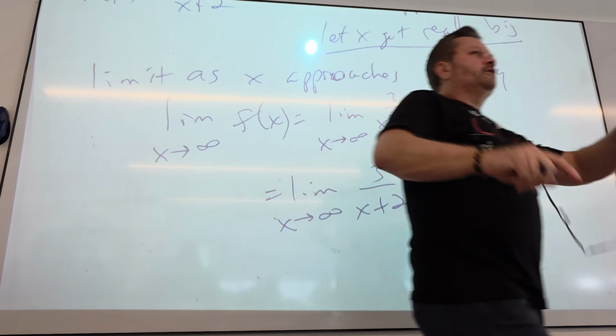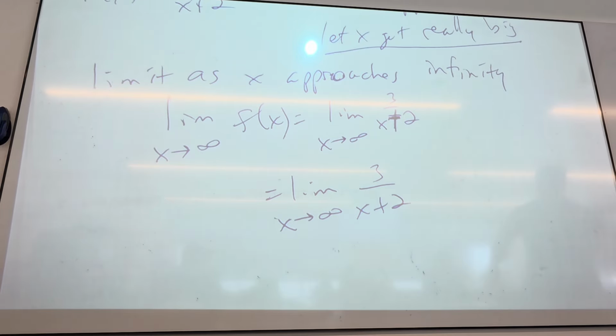All this means is what happens if I allow the inputs to get really big. Can you guys stop and think? What's going to happen if I keep putting bigger and bigger numbers into this thing? Put 10 in, you get 3 twelfths, which is 1/4, yes? Put 1,000 in, you get 3 divided by 1,002.